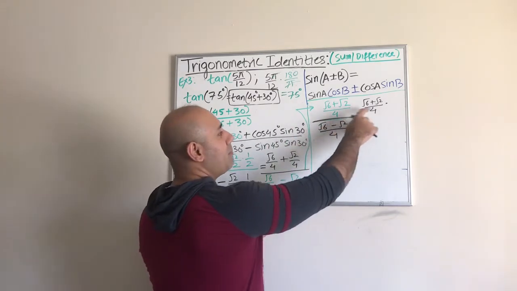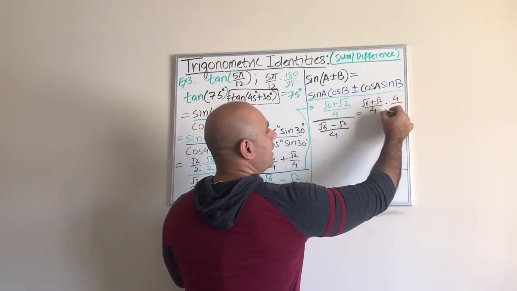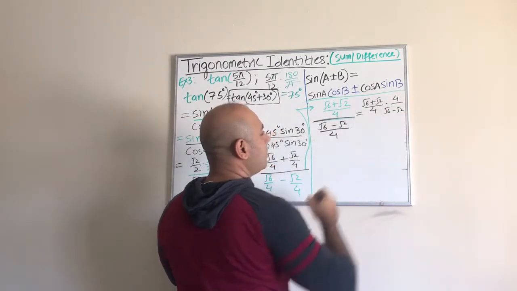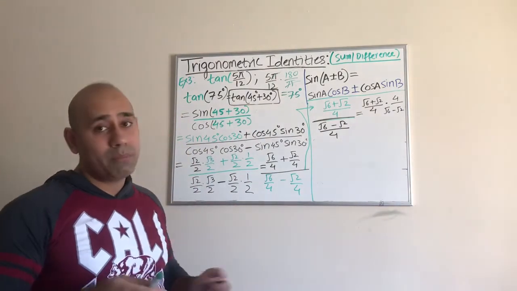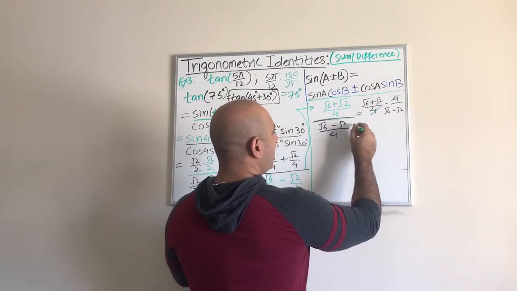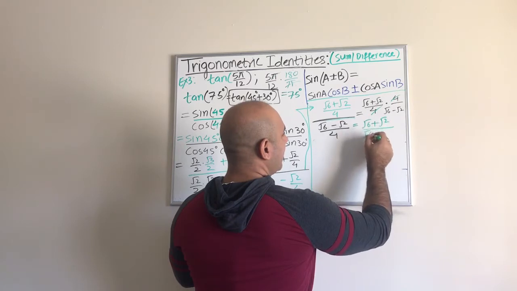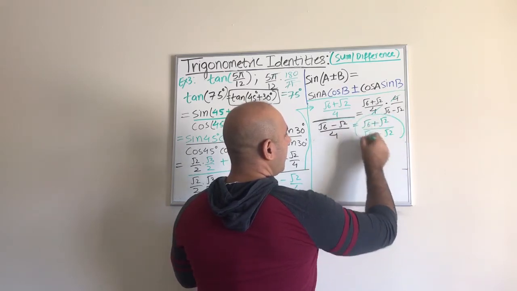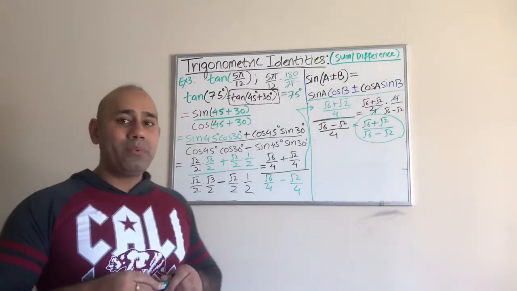So when we multiply, then this is going to be 4 over radical 6 minus radical 2, right? Guys, that is a simple mathematical operation that we should know at this level. So 4's cross out, and what are we left with? We're left with radical 6 plus radical 2 divided by radical 6 minus radical 2, all right? And at this point, we might think that we are done.